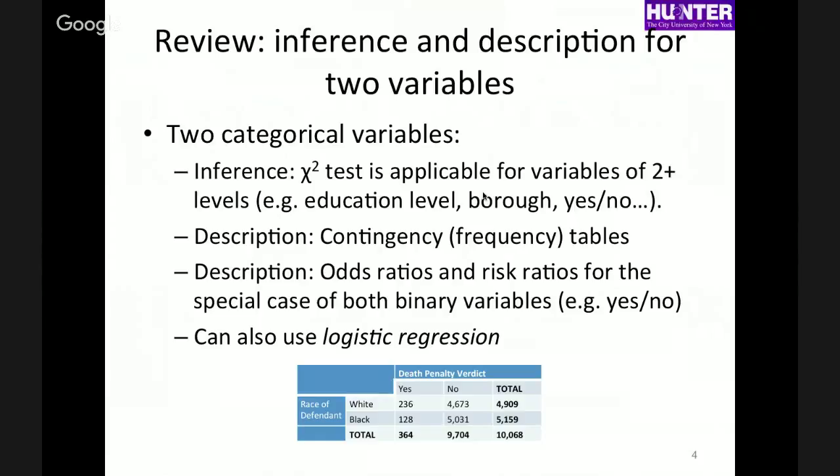For describing these, there are the frequency tables, also odds ratios and risk ratios. I'll just note that it is possible also to use logistic regression in this two categorical variable case, a univariate logistic regression, but we don't get into logistic regression in this course. That will be a large part of your focus in Biostat 1 next semester.